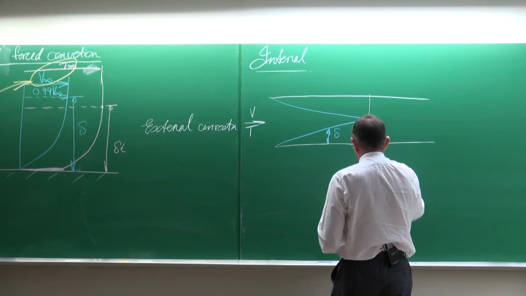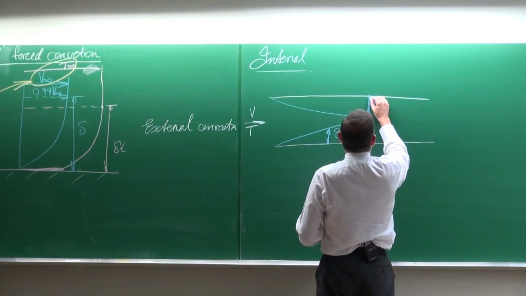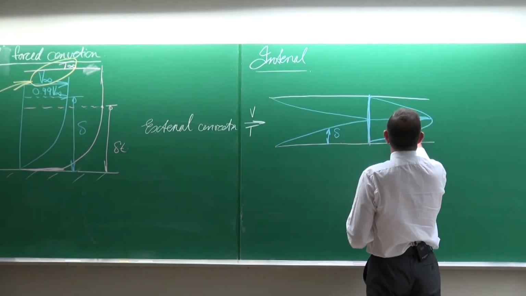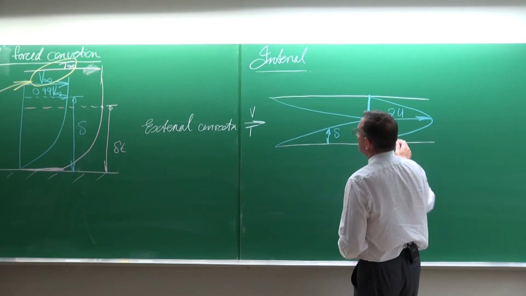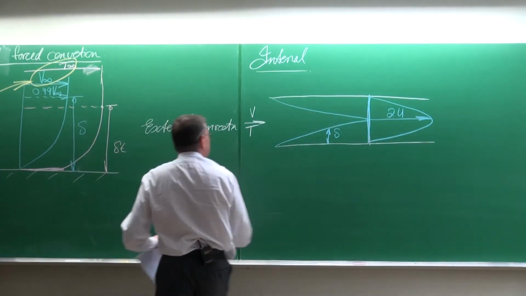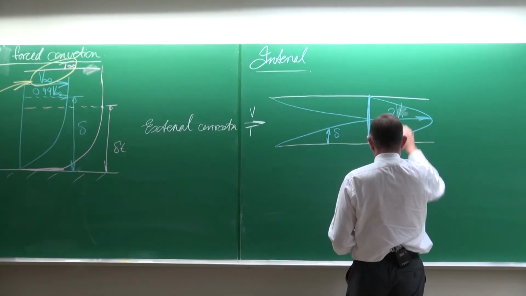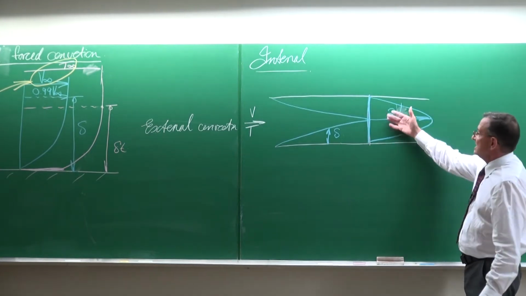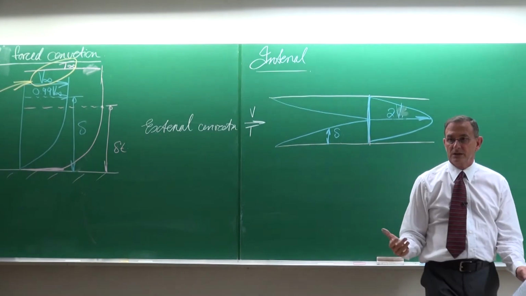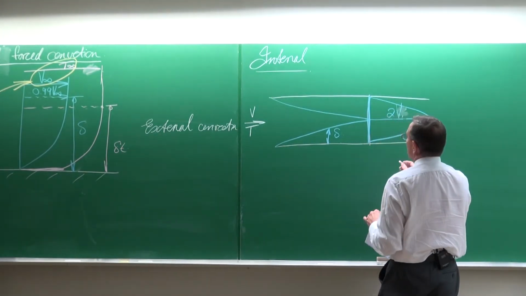And this velocity distribution here is going to be parabolic. And that velocity there is actually 2 times this velocity V. Let's rather make it a V than a U, like that. So you will see that this velocity is much more than that inlet velocity. That is the first thing that is noticeable.